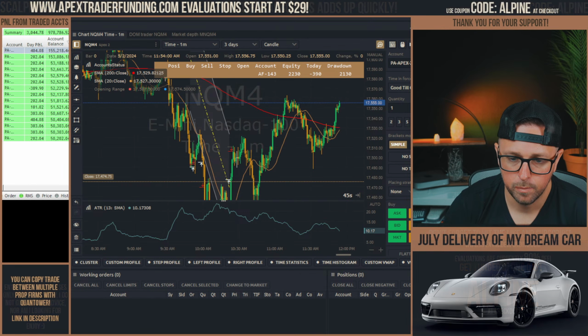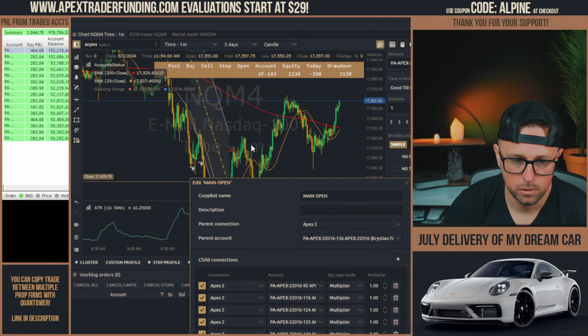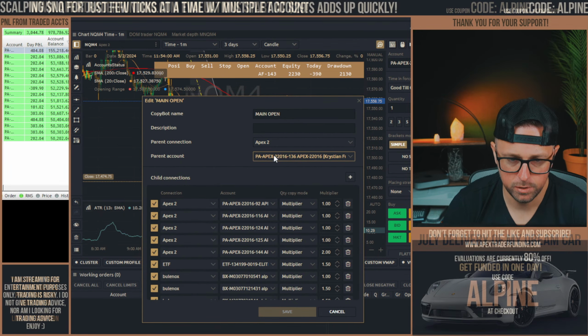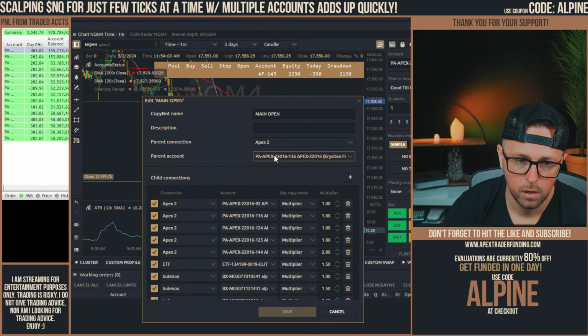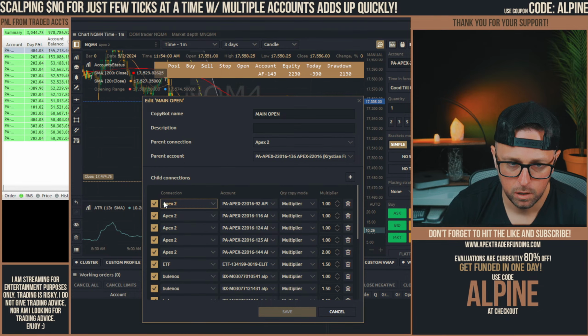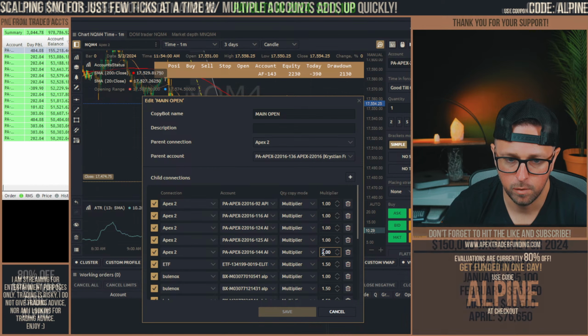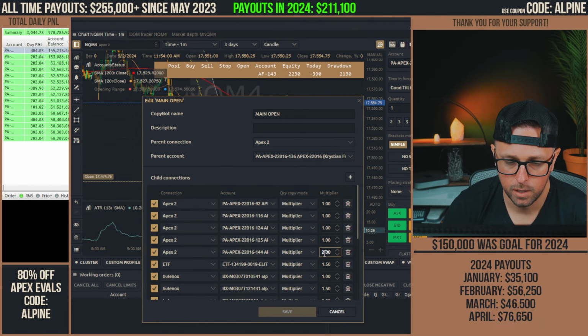Am I using Bookmap? No. The ratio values depend on what size you want to take. So for example, I always take 2 contracts on my parent account. And if I want to take 2 contracts on the child accounts, then I'll use multiplier 1. But if I want to take 4 contracts, this is a 150K account, I just multiply it by 2.